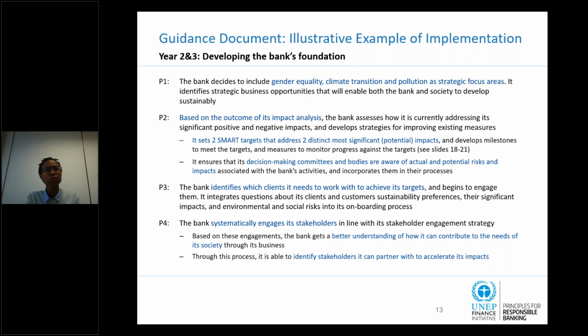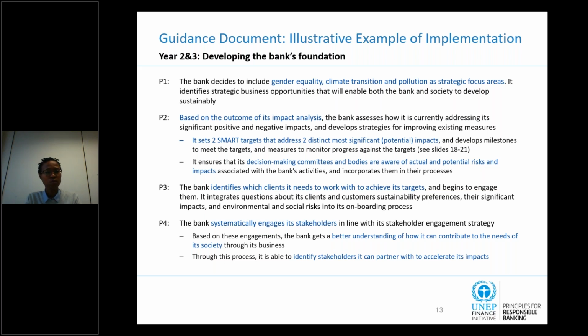It sets 2 SMART targets that address 2 distinct most significant potential impacts and develops milestones to meet the targets and measures to monitor progress against the targets. This will come back later in Dimitrios's presentation around setting targets. And then thirdly, it ensures that its decision-making committees and bodies are aware of actual and potential risks and impacts associated with the bank's activities and incorporates them in their processes.